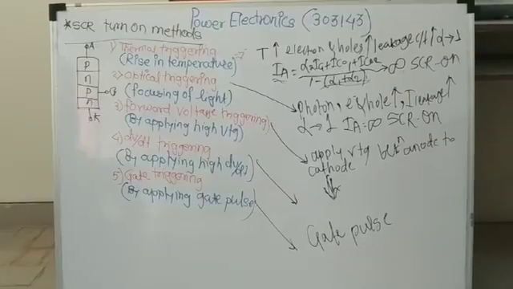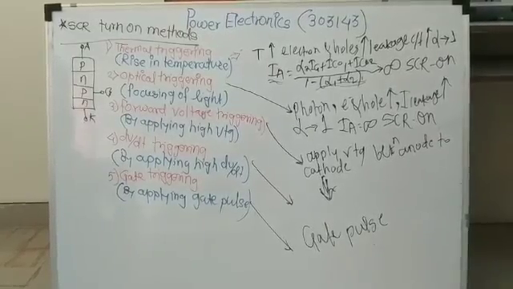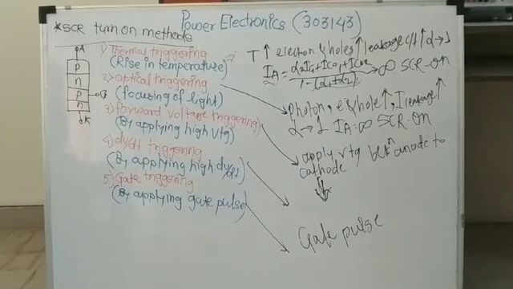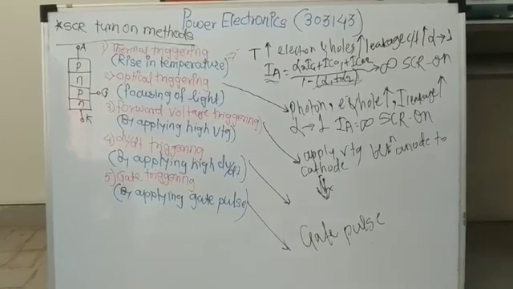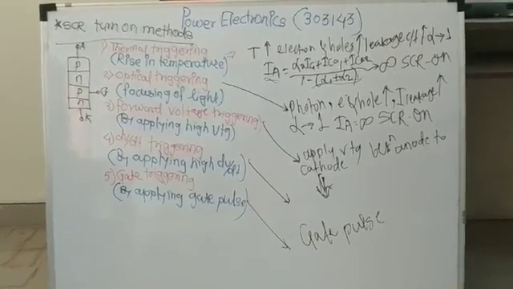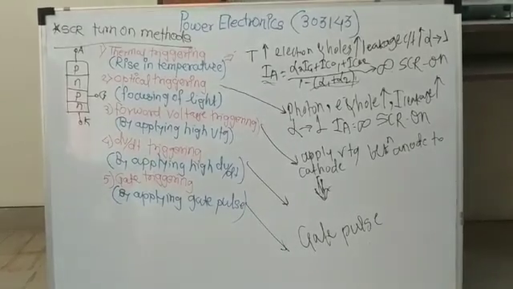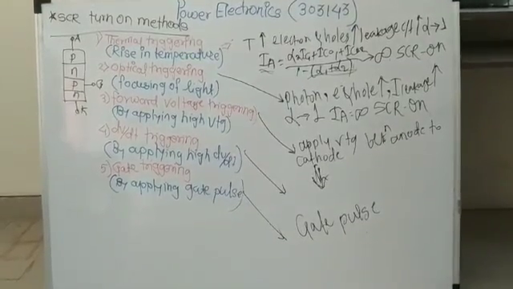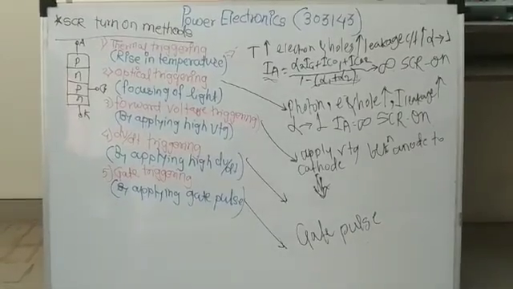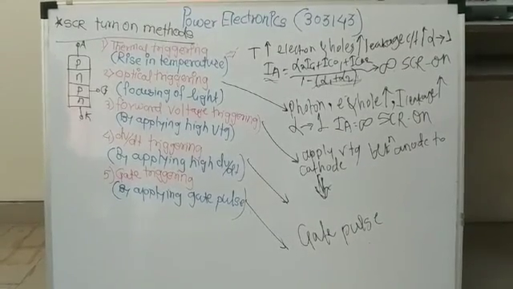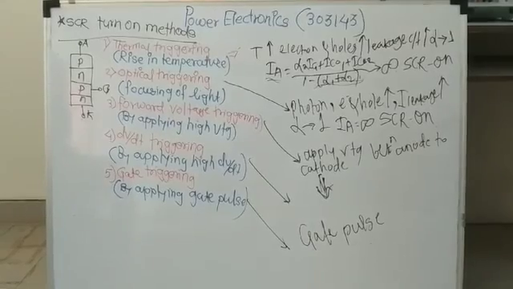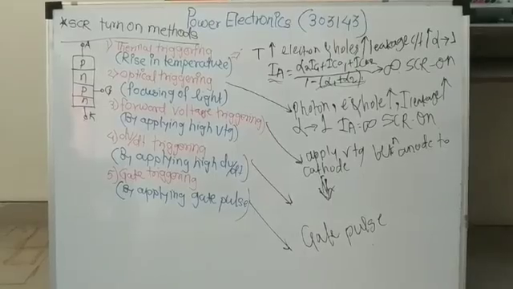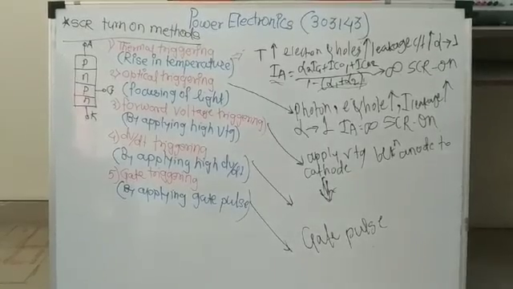So it is a very good method to turn on the SCR. We can say that it is the proper way to turn on the SCR, and in day-to-day life, only this method is widely used in industrial as well as commercial applications, because it is the only suitable method for turning on the SCR without damaging it. Hence, in our syllabus also, in all units, we use the gate pulse method.